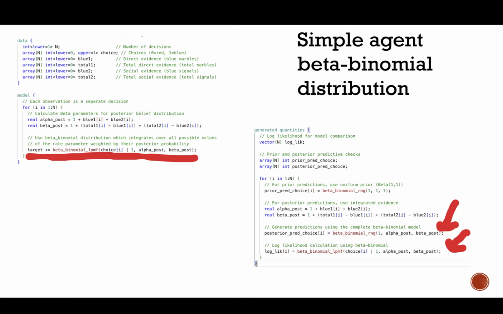And then for simplicity, since the alpha is the n of ones and beta is the n of zeros, we can say the average expected rate is simply alpha divided by alpha plus beta. That is the number of ones divided by the number of ones plus the number of zeros, meaning the total number of marbles that we sampled, right? The proportion of blues is given by the number of blues divided by blues plus reds.